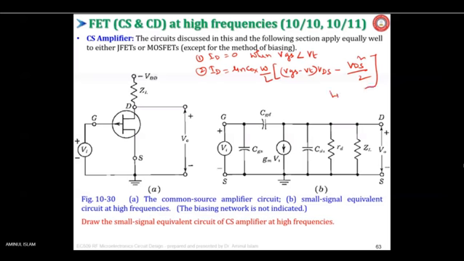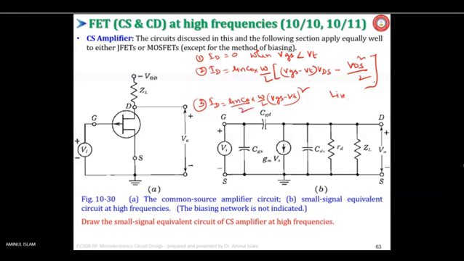This is the linear region equation. And the third equation is ID equals mu n C ox W by L into VGS minus VT whole square divided by 2.